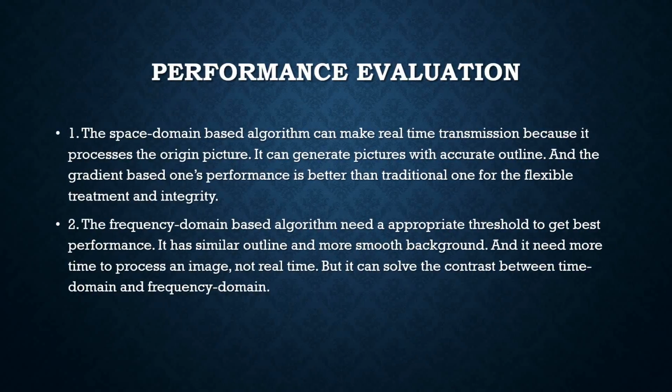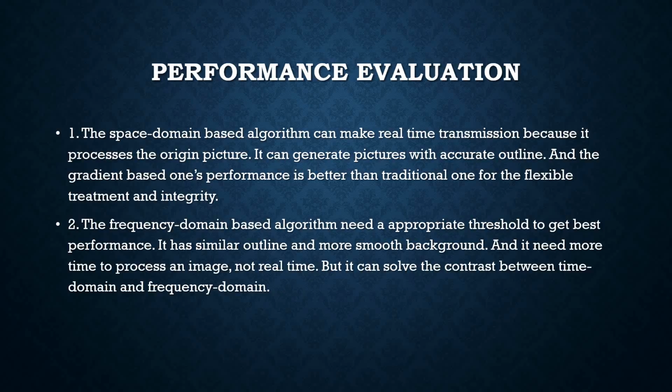First, we talk about the space domain based algorithm. It can make real-time transmission because it processes the original picture, the original pixel. It just handles the original pixel, so it can save time.